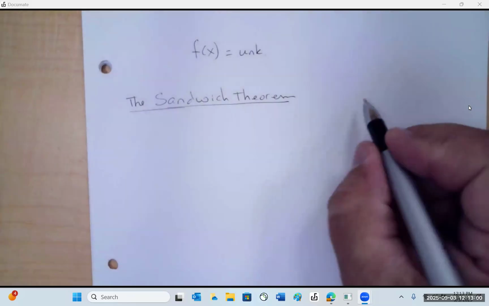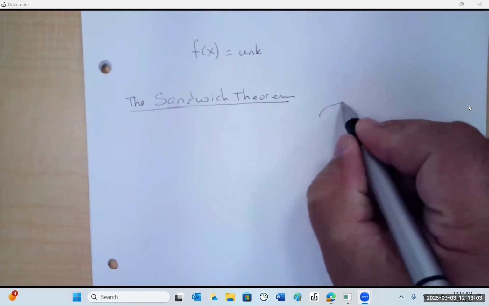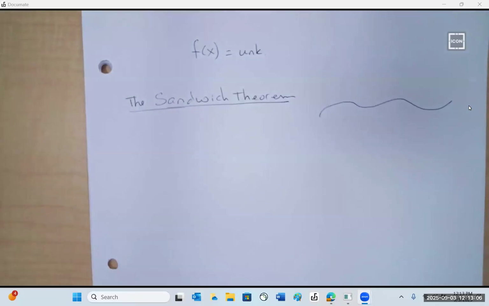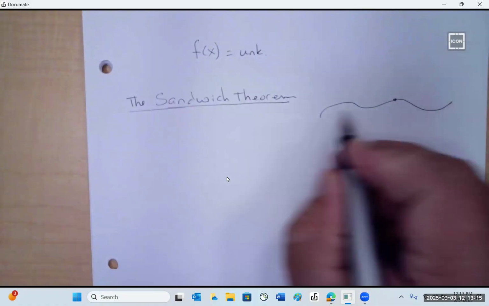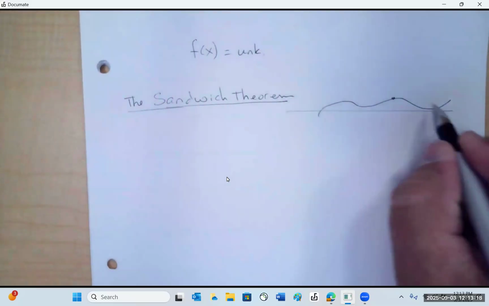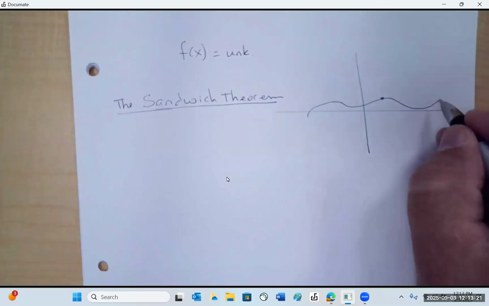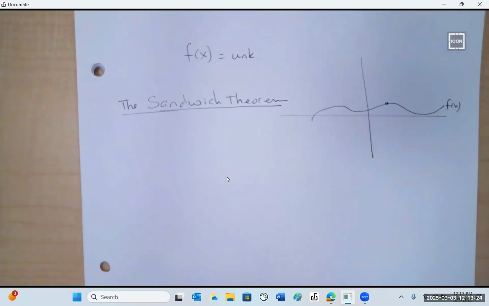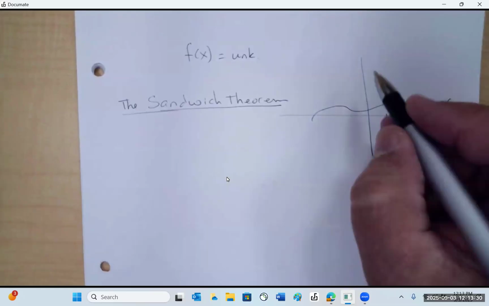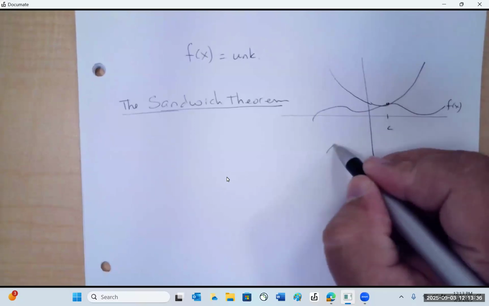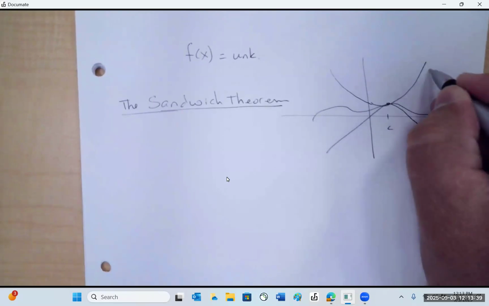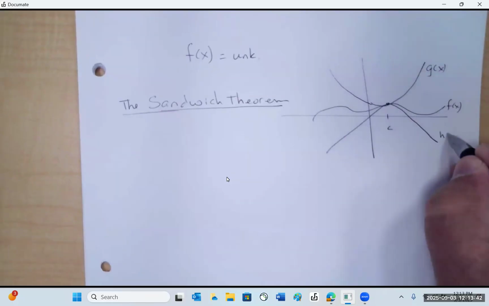What this theorem tells us is this: if this is our unknown function, this is our f of x. We don't know what the limit is at our value c. But we do have two functions, g of x and h of x.